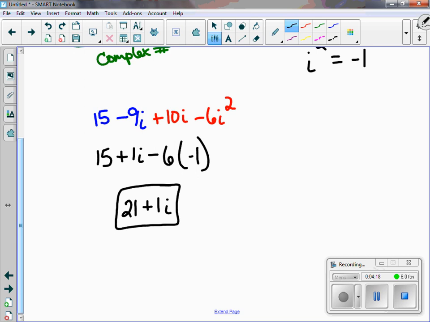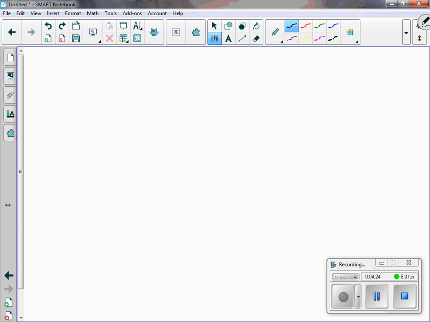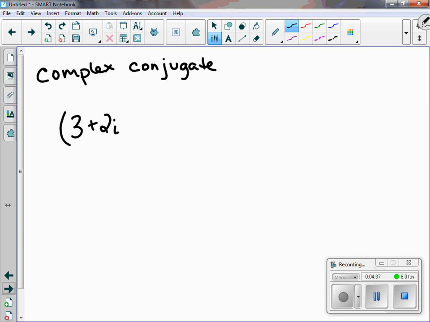Now, there are times that you will need to multiply by what's called a complex conjugate. A complex conjugate. So let's say that I have 3 plus 2i. The complex conjugate of this is 3 minus 2i.